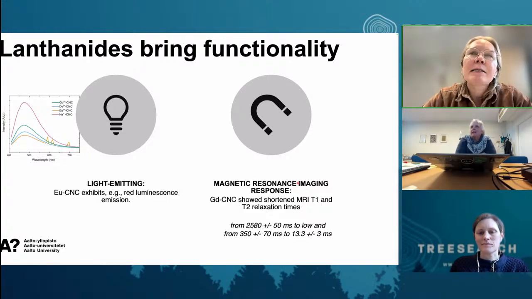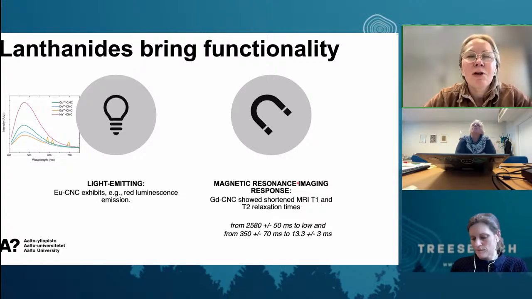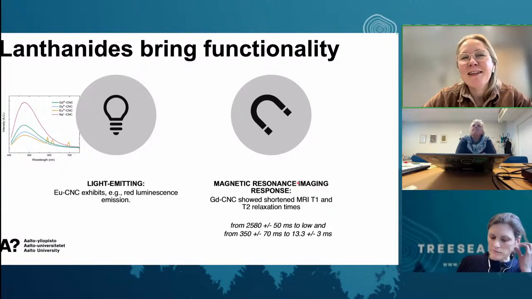So in a way, it's nice to observe that the gadolinium we can exchange, or we can modify the cellulose with it, and it's clearly giving us what we want it to give. But if it's a practical cellulose substrate, I don't think so. I mean, the CNC is very practical for this kind of investigation, but then for use, I don't think that it has what it takes.